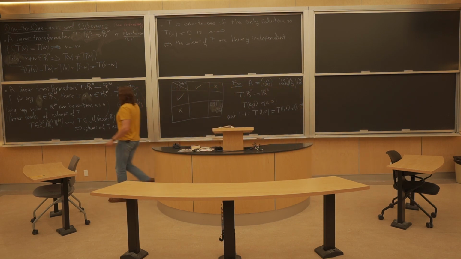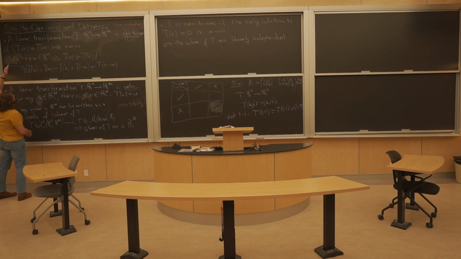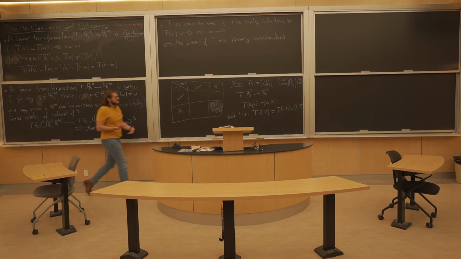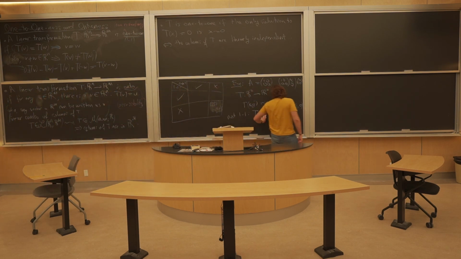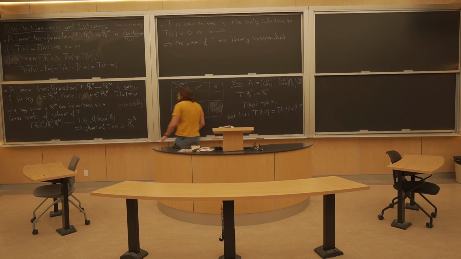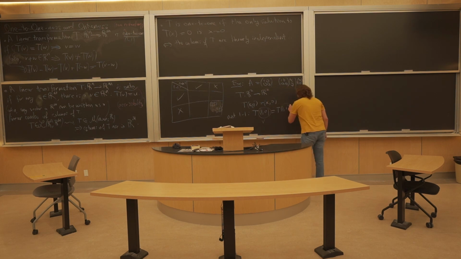But according to our condition, for a transformation to be one-to-one, if T of v equals T of w, it must be the case that v equals w. But in this case, this is v, this is w. Their images under T are the same, but v is not equal to w. Okay?